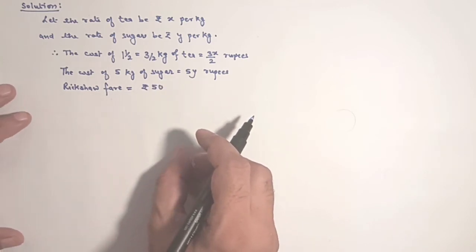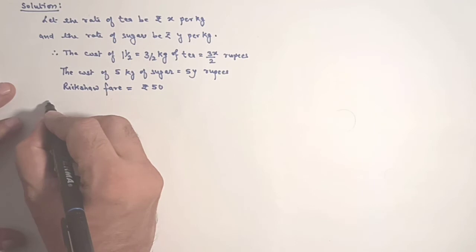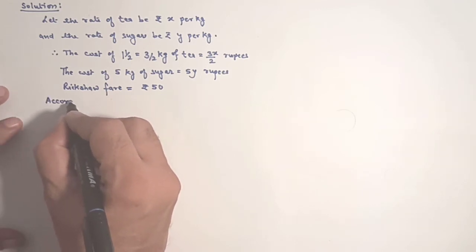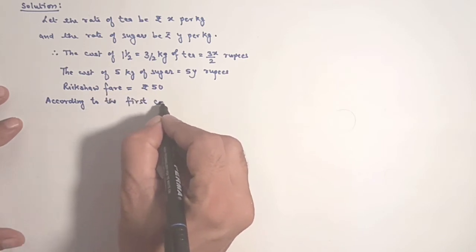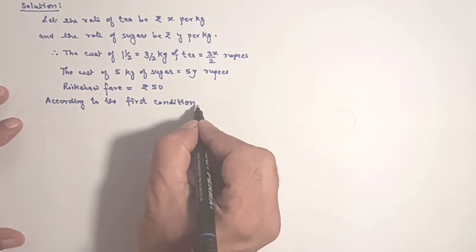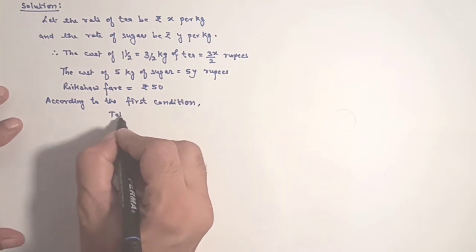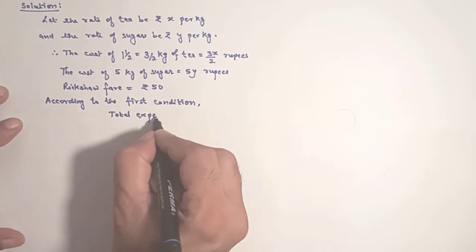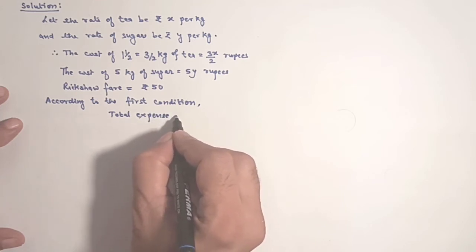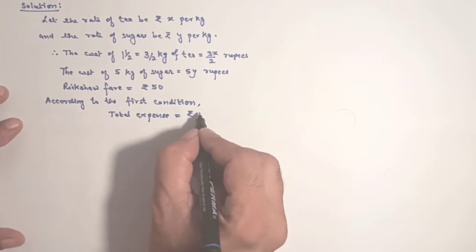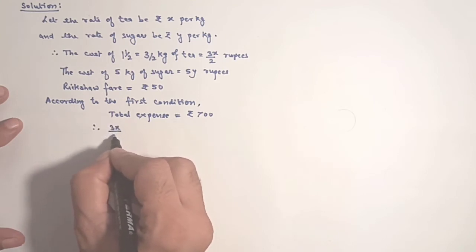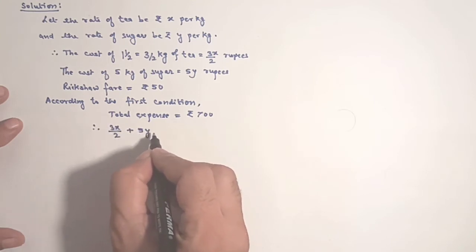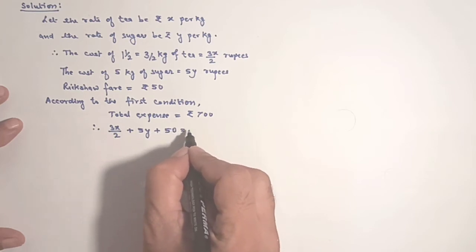According to the first condition, it is given that the total expense was rupees 700. Therefore 3x upon 2 plus 5y plus 50 is equal to 700.